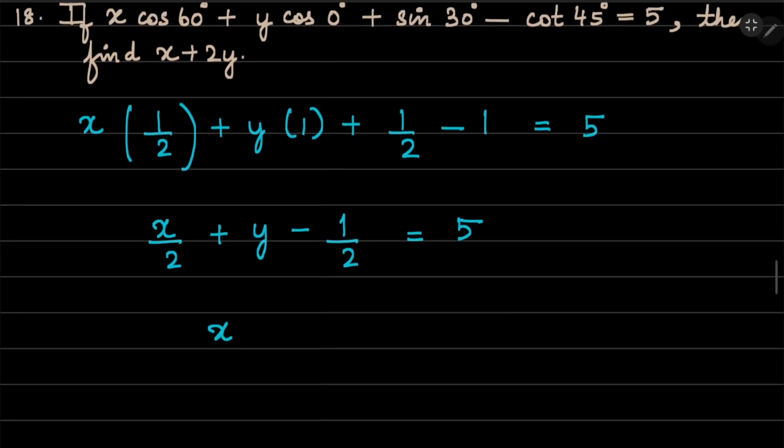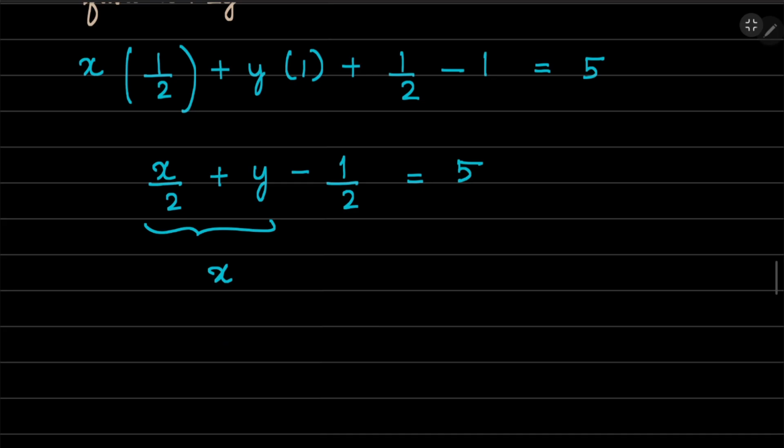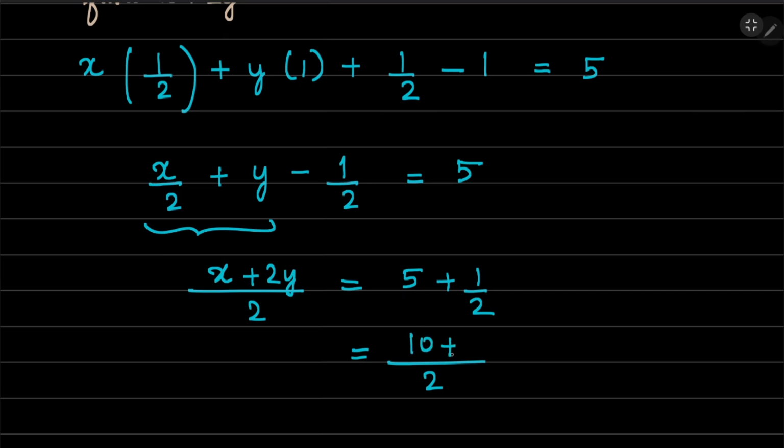I need x plus 2y, so I can take the LCM of x by 2 plus y. The LCM gives 2x plus 2y, and I'll take minus 1 by 2 to the RHS, so it becomes 5 plus 1 by 2. The denominator LCM is 2, so here you'll have 10 plus 1, which is 11 by 2.